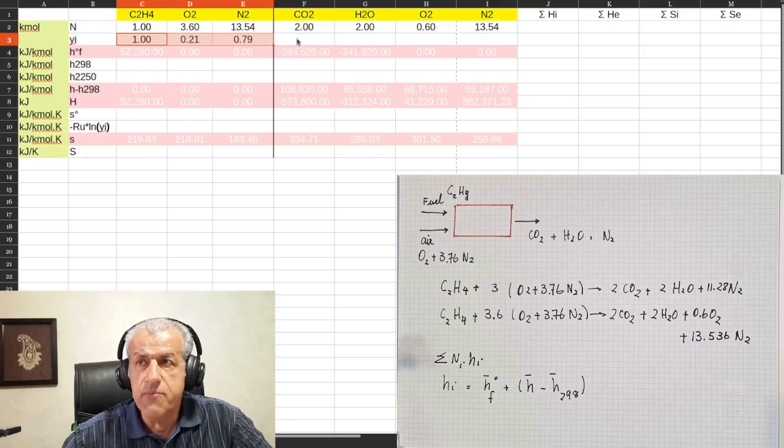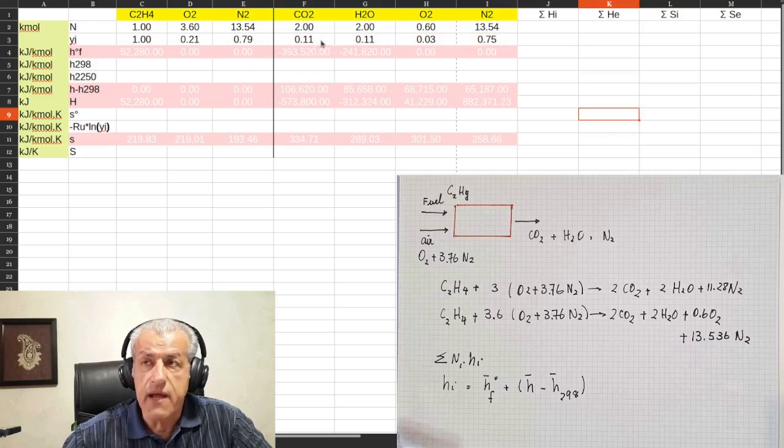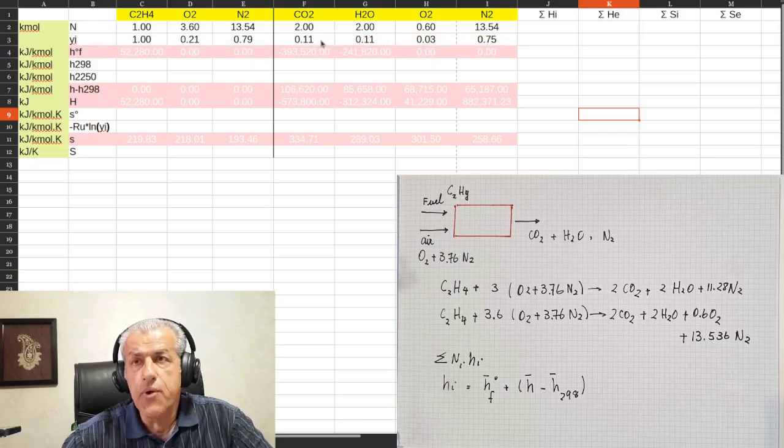We do the same practice for the products. As for products, they are all together. Their total pressure is 1, and therefore their molar fraction for each of them would be 0.11, 0.11, 0.03, and 0.75. These are the molar fractions for the products.